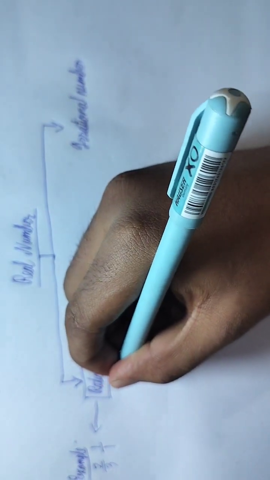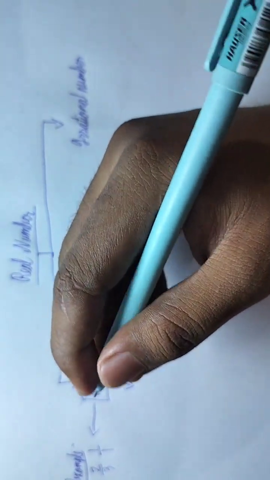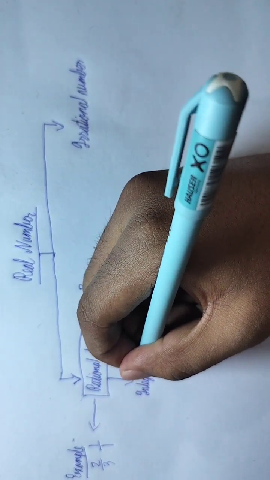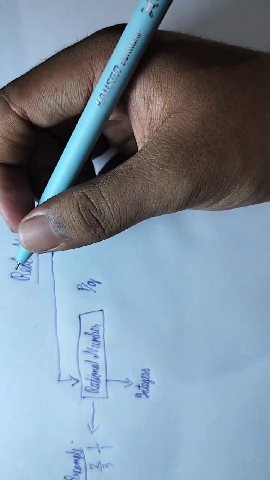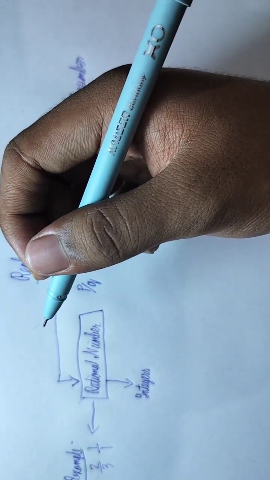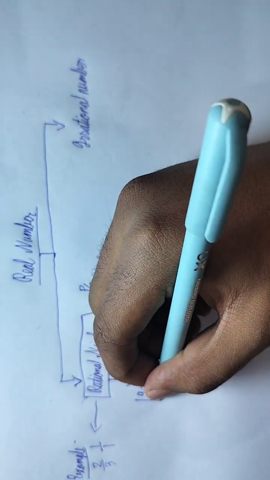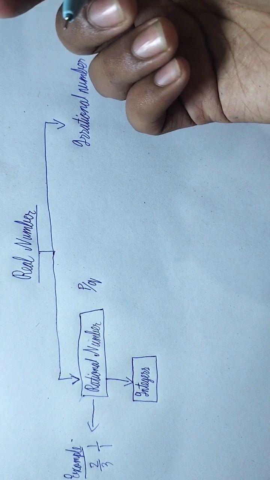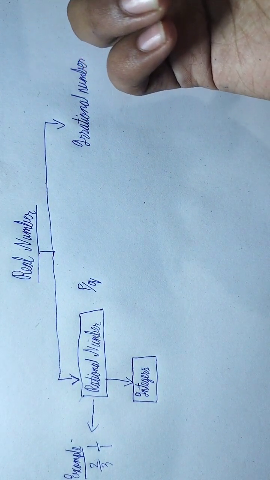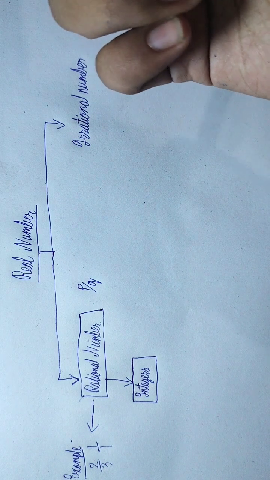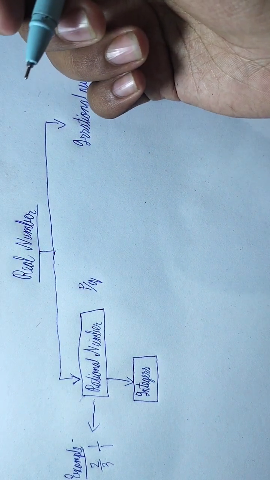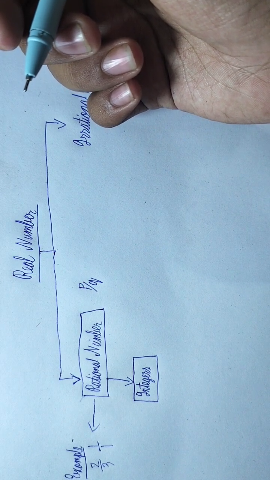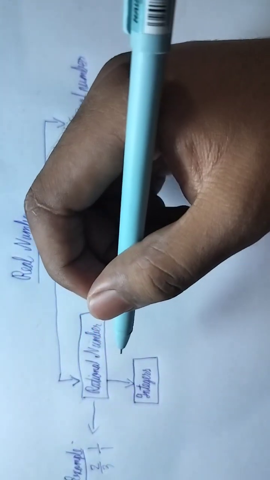Next, after rational number, integers come. I think in class 7 we have learned what is integers. We can define as all whole numbers and all negative numbers. Let me make it clear: all positive numbers and all negative numbers including 0 are known as integers.